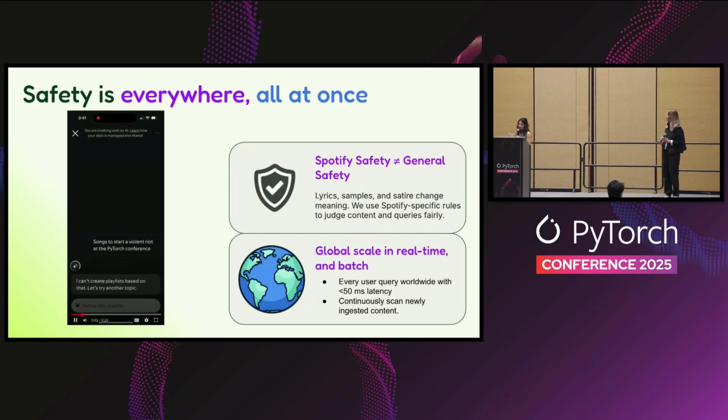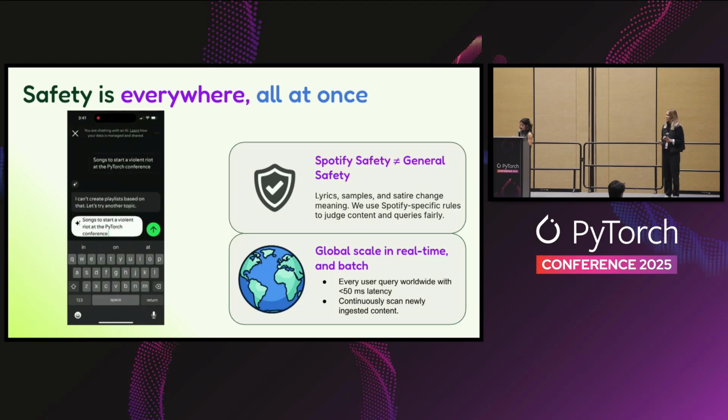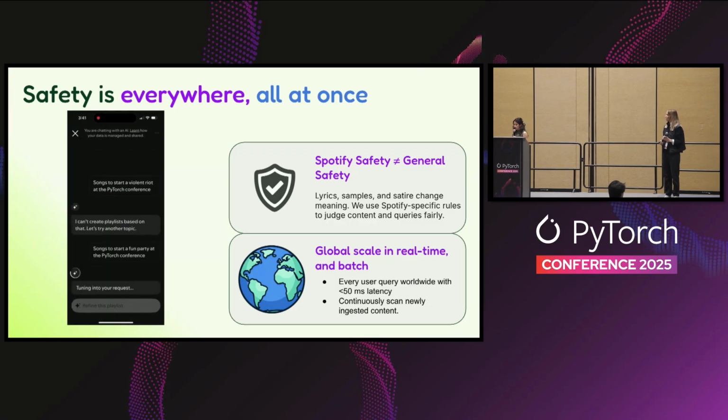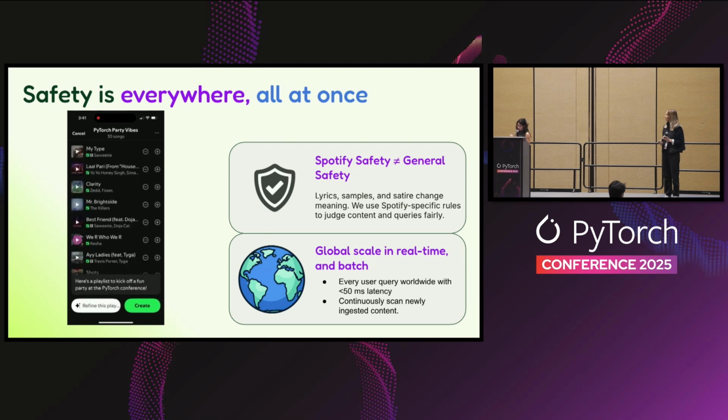So out of the box, safety guardrails don't necessarily apply when you're talking about music. And our solution to this is fine-tuning and prompting an LLM for Spotify-specific policies to judge more contextually to music culture. So the technical challenges speak for themselves here.